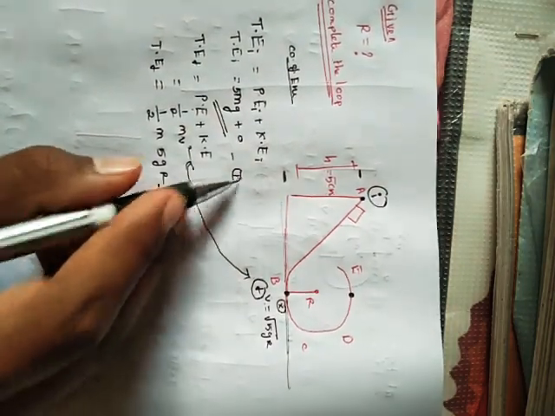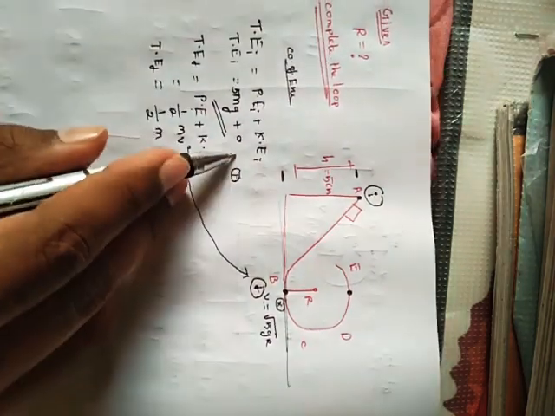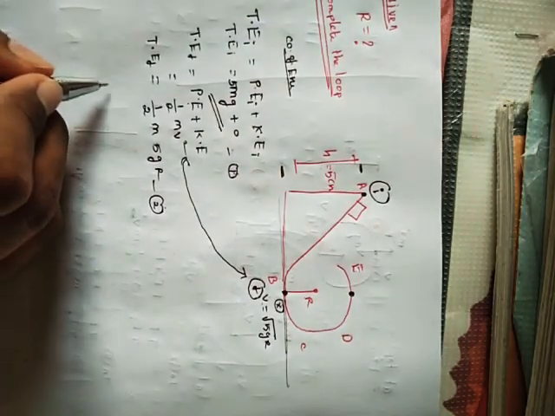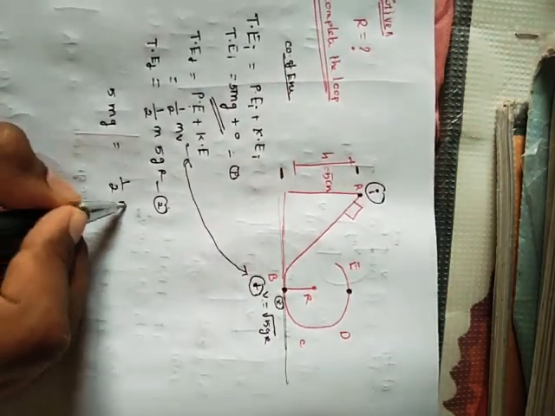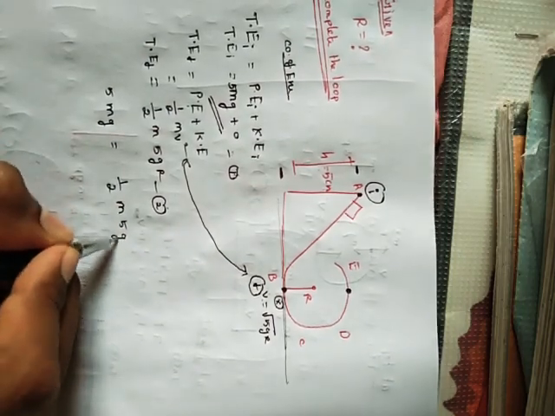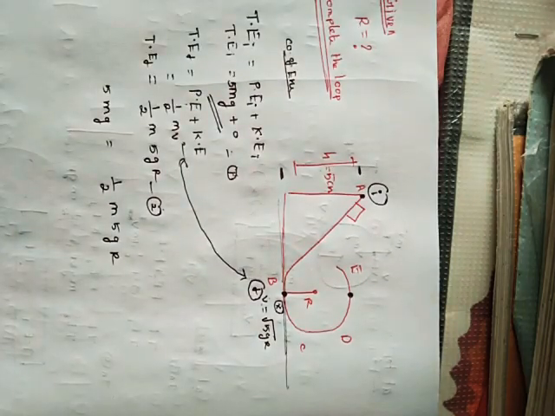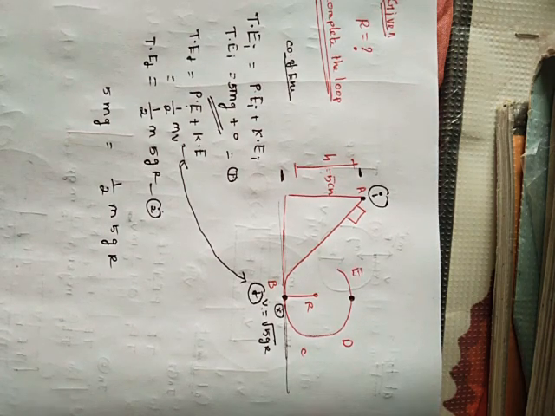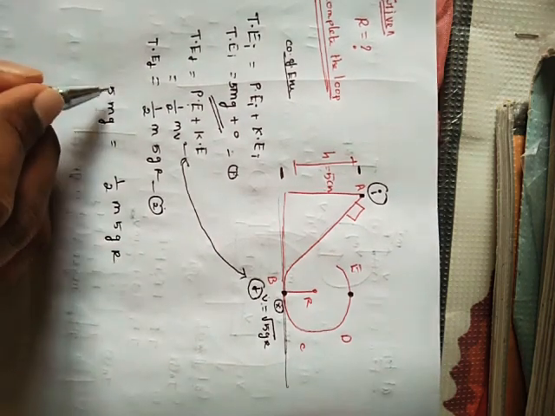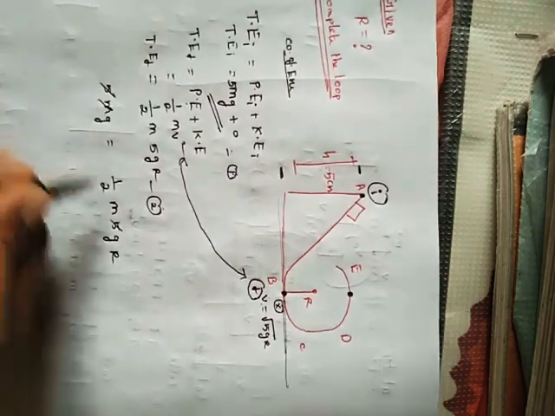I'm going to equate the first and second, so they must be equal. So 5 mg equals half m 5gr. By cancelling, I'm cancelling 5 m.